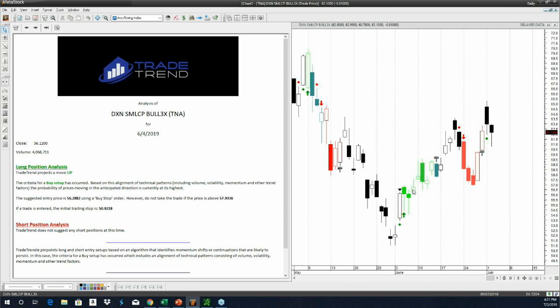So one of the key features and benefits of using TradeTrend is that it waits for confirmation of the anticipated momentum move. So if that move doesn't occur, we don't want to get in the trade at that time. And so let me see if I can find an example. Well, here's an example where we got a buy setup yesterday on the TNA, but it hasn't triggered yet because the market has not hit our buy stop order, which, as you can see in the commentary, is recommended at 65.32.